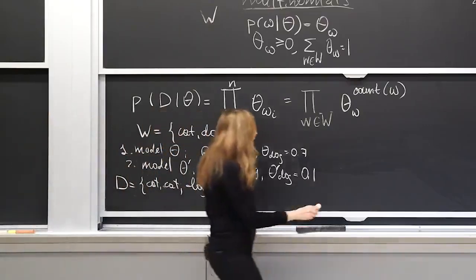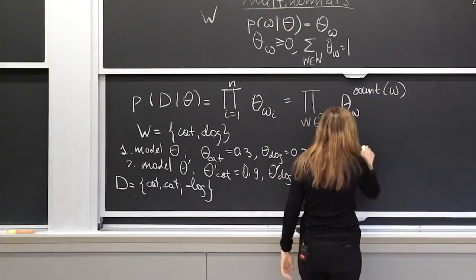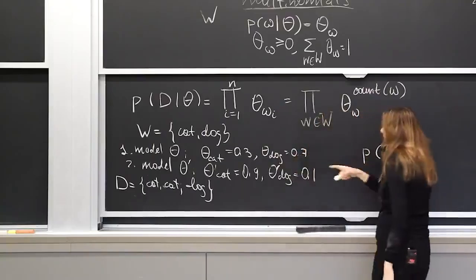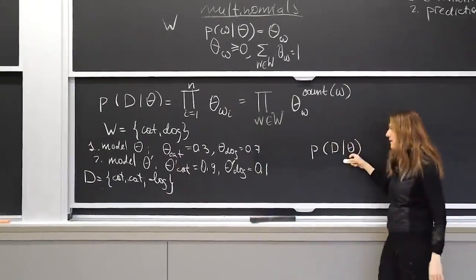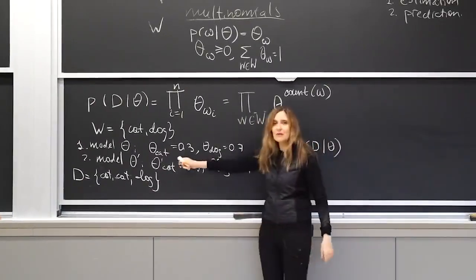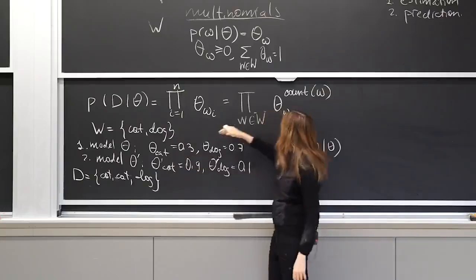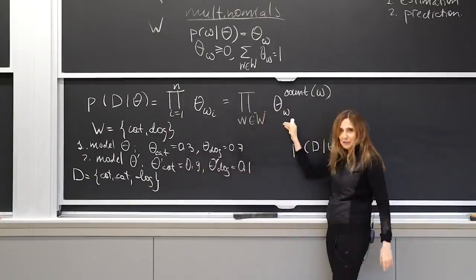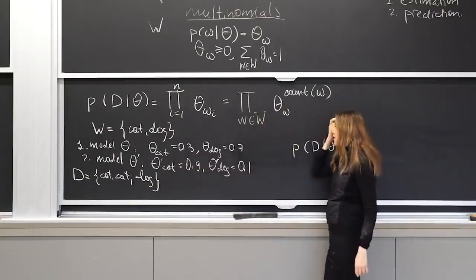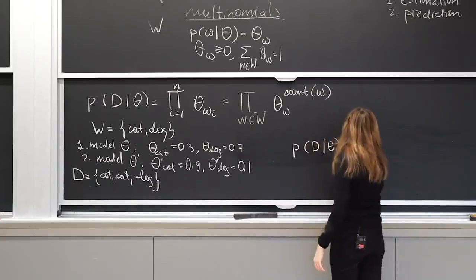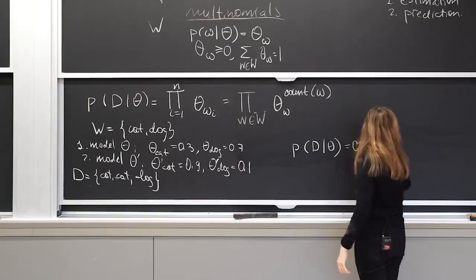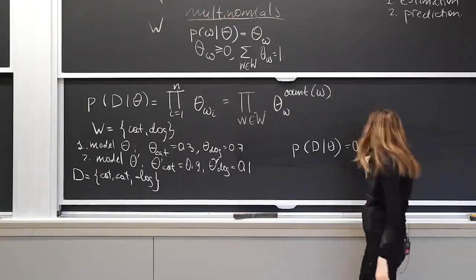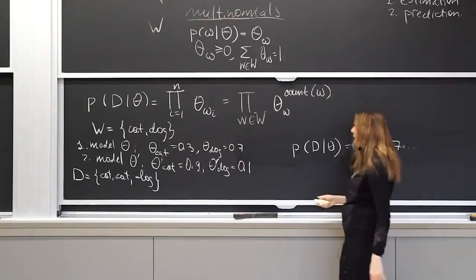And the notation that we are going to be using here, we're going to say, what is the probability of this document D given parameter theta? And again, this is the values of these parameters. So in this case, if I just straightforwardly apply this formula, we are going to get 0.3 squared multiplied by 0.7. And we can compute this number.